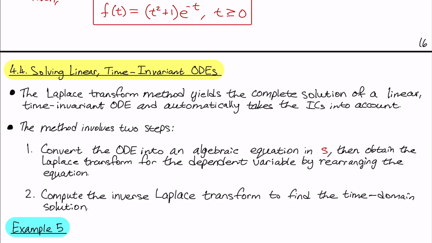So the method involves 2 steps. The first is to convert the ODE into some algebraic equation in s, and then our goal is to obtain the Laplace transform of the dependent variable by rearranging the equation, and then we compute the inverse Laplace transform to find the time domain solution.